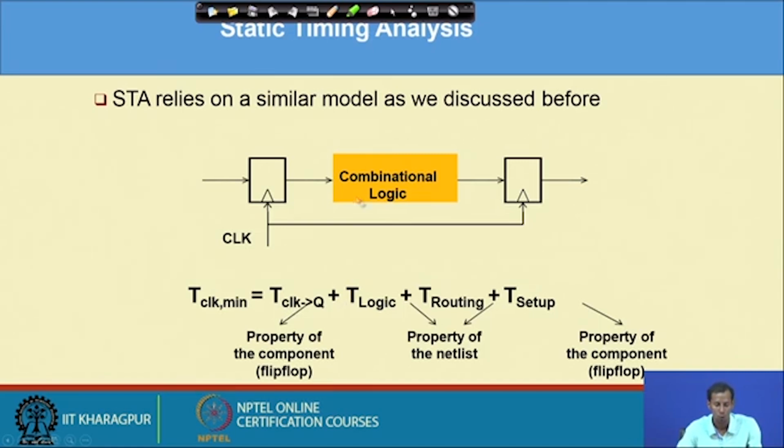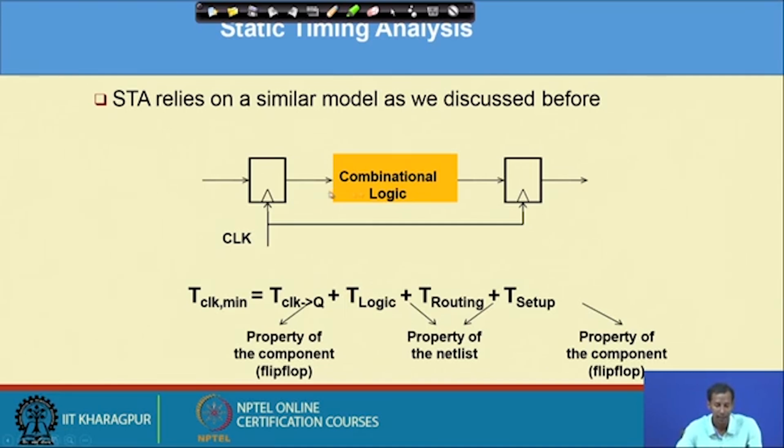Then whatever the logic delay or the corresponding gate delay is for this combinational circuit will again be considered. Then this routing is nothing but the net delay.